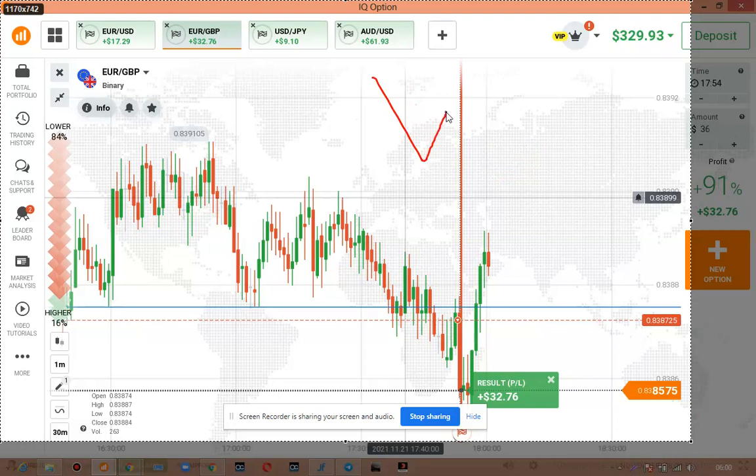Down, up, down. Okay, no, let me make it this way. So this level we expect buyers' entry, right? Buyers supposed to enter like this, but buyers entered like this. Then the market continued to the downside, which means this area is a bullish candle.